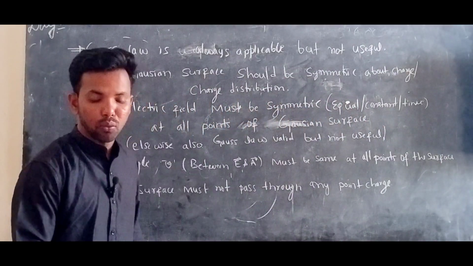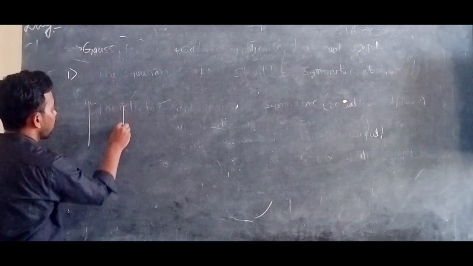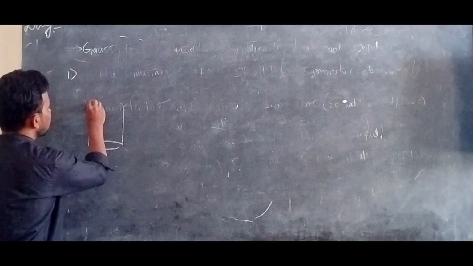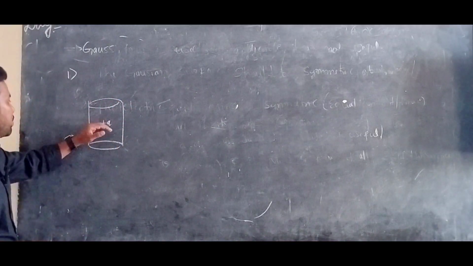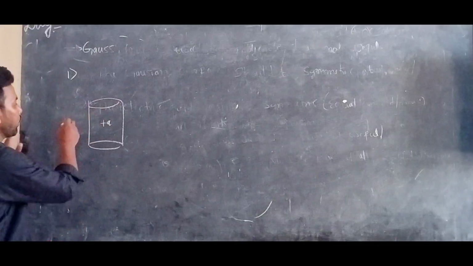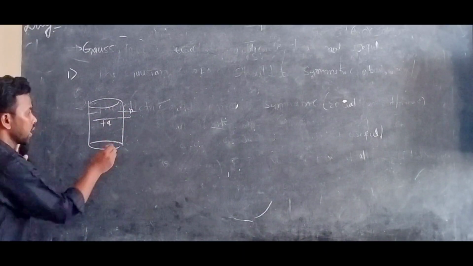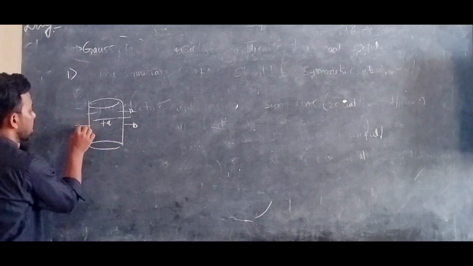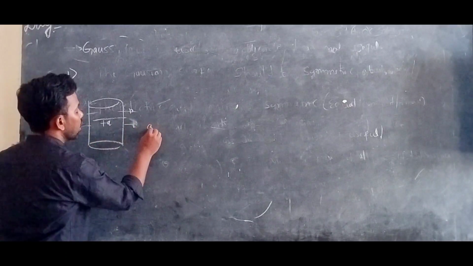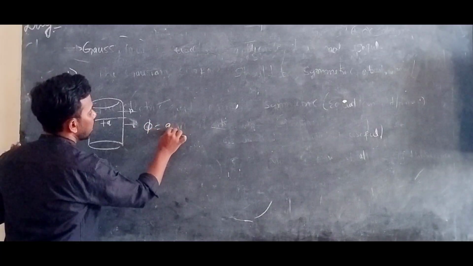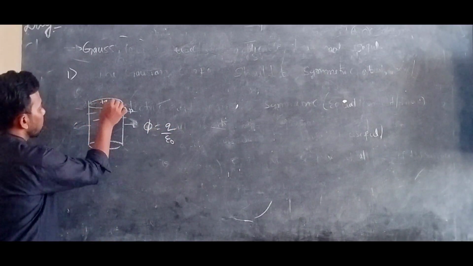Now we will solve some questions. Let's say we are placing a plus Q charge here. It is symmetric, and the electric field is in this direction, the normal also in this direction. What is the electric flux? Q by epsilon naught. What if I place it here?